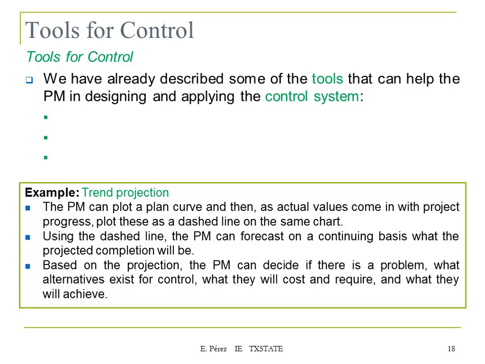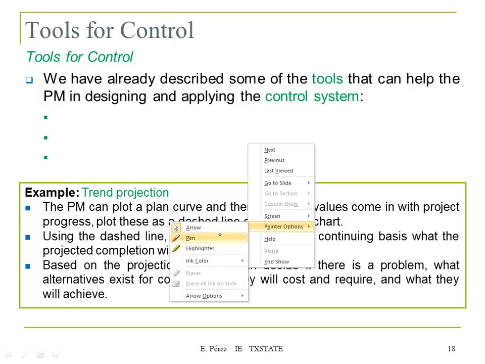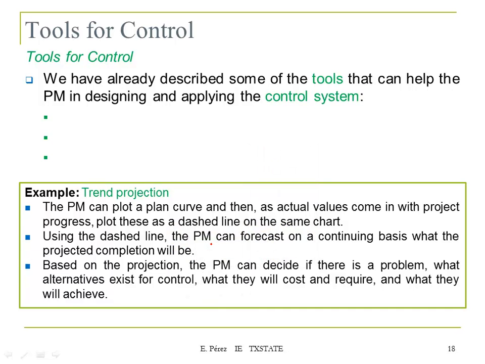In terms of tools for control, we have already described some of the tools that you can use to control a project, and those include variance analysis, trend projections, and the last one is what we discussed on Thursday, earned value analysis.